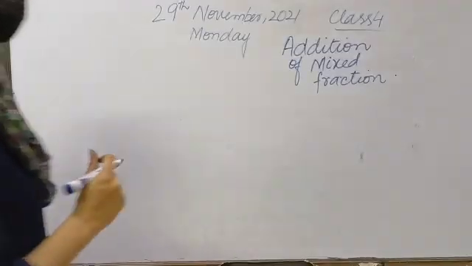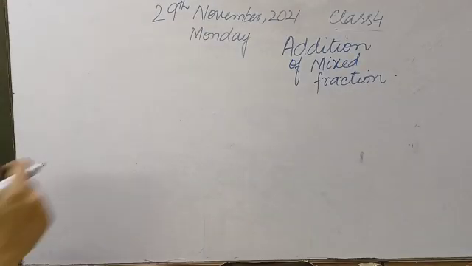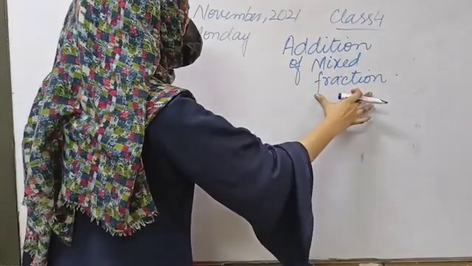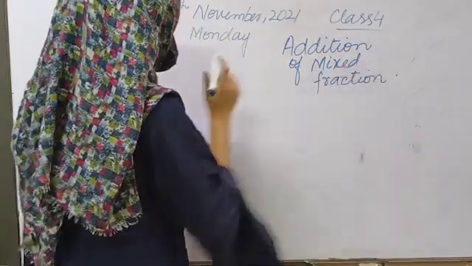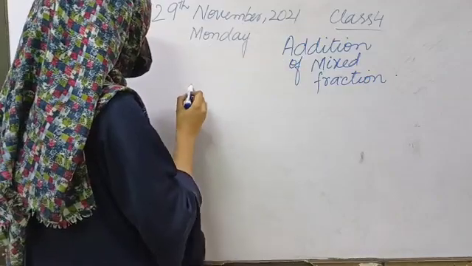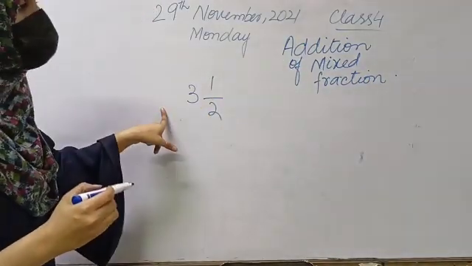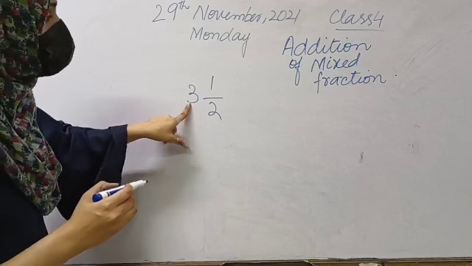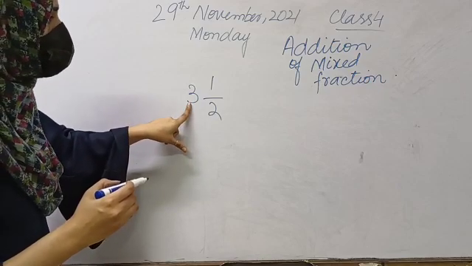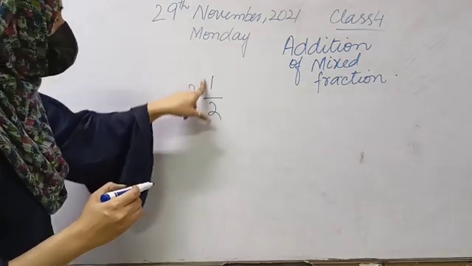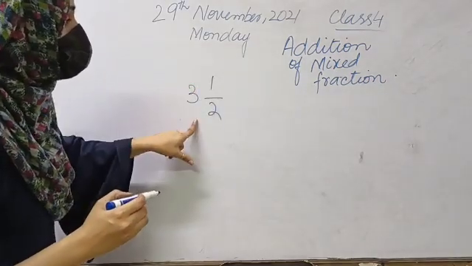Fine. So first of all, we have two fractions which are mixed. So mixed means this is a fraction in which the first number is a whole. Fine. And this is a fraction.